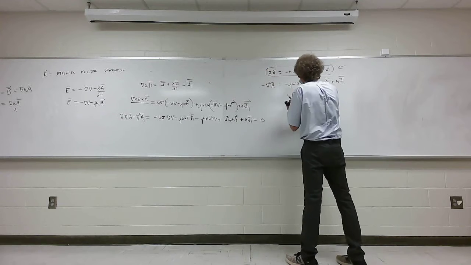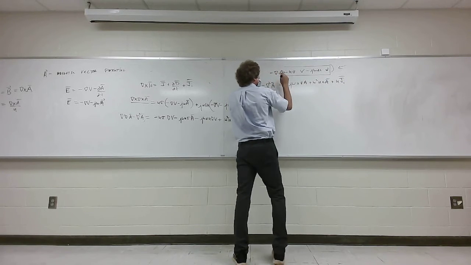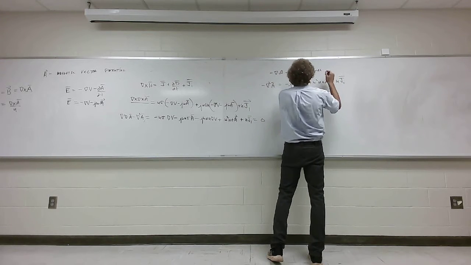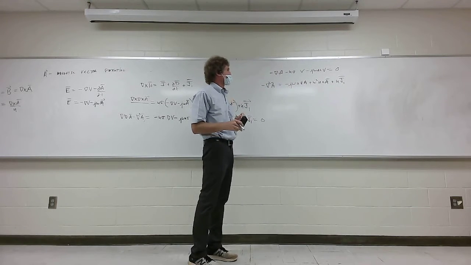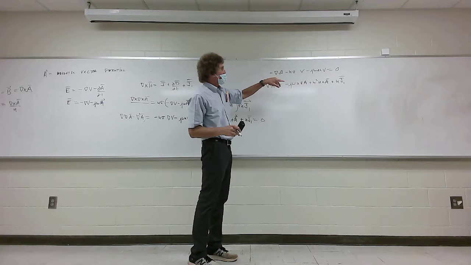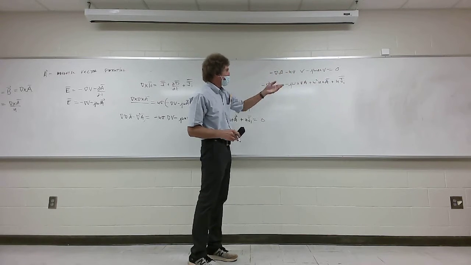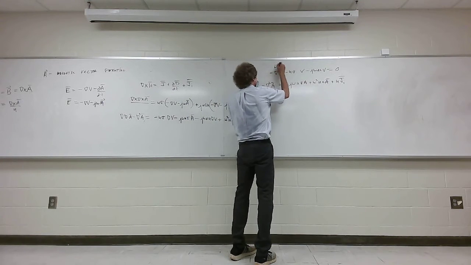The way they usually write it is this, and they'll put the whole thing equal to 0. You don't have to know this, but at least you have to have an appreciation of where it comes from. If that's true, then they'll factor V separately, and they'll have mu sigma plus j omega mu epsilon, and then they'll have V on the outside equals 0. You can take V to the other side if you want, and then you have what's called the Lorentz gauge condition.